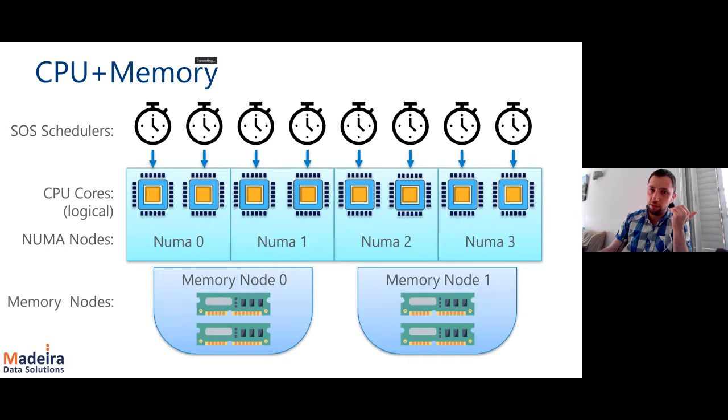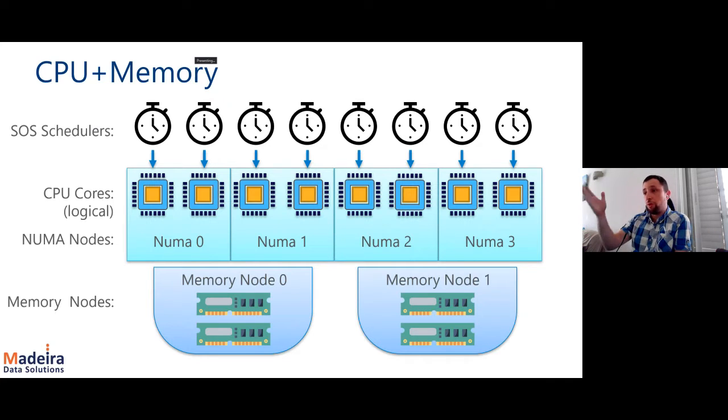I'll go into that a bit more later, but for now, know that a memory node is a subset of the physical server's memory, and if you have more than one memory node on your SQL Server machine, that means that your memory address space is actually split between these memory nodes. And we'll see just in a bit how that affects how SQL Server works.